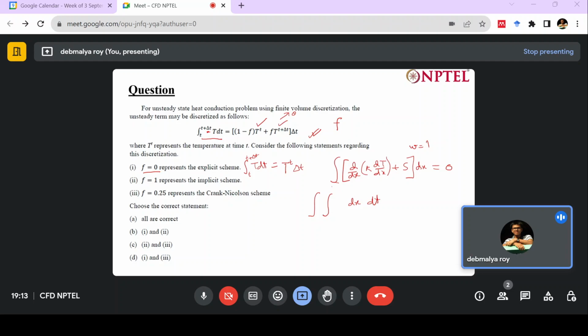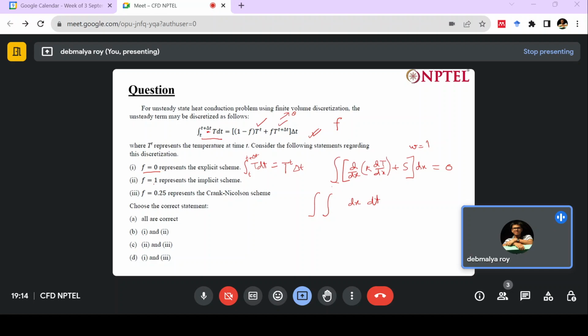This is called the explicit scheme, where all the integrals of temperature are taken at the previous time step. Why is this explicit? Because while using this scheme, the next time step is evaluated solely based on all the values from the previous time step. And instead of having coupled equations for each and every spatial point, we end up getting single equations for each particular control volume. Thus this is the explicit scheme.